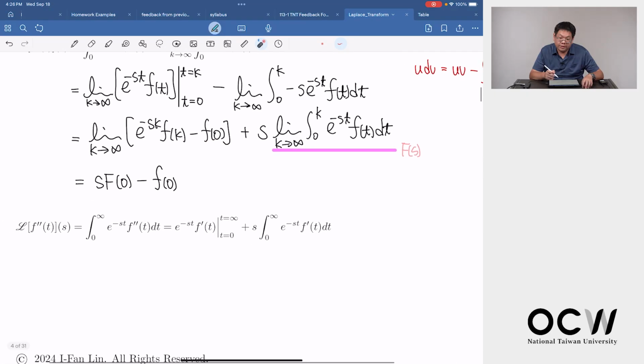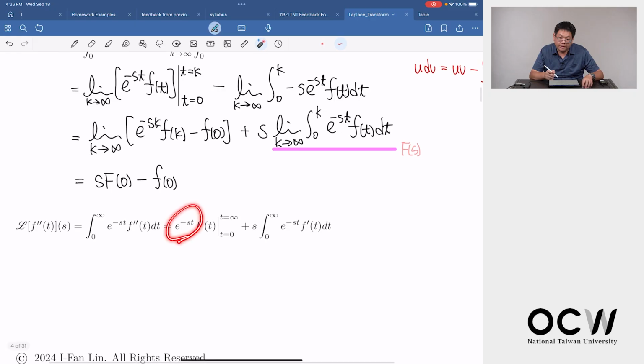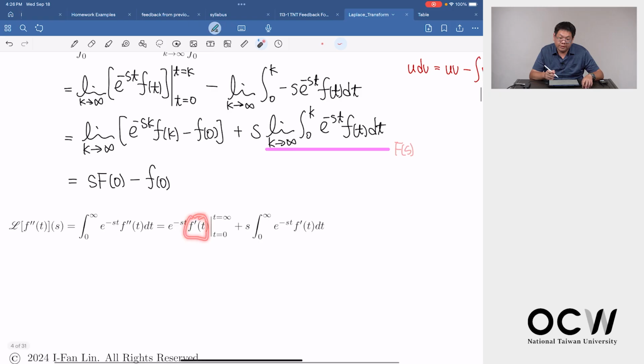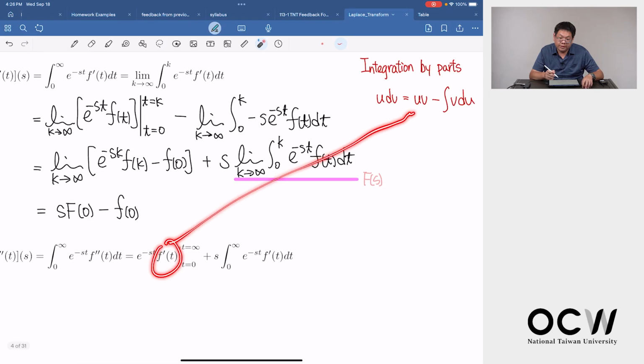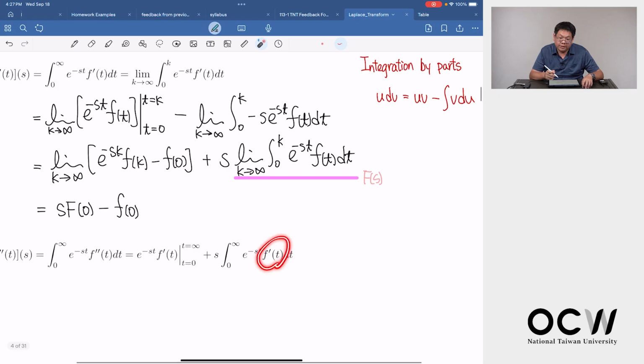Next, let's see the Laplace transform of f double prime. By the definition, we have e to the minus st times the function, and the function is f double prime. Again using integration by parts, we have e to the minus st f prime, where f prime is your v, and then v du, so you get s outside.